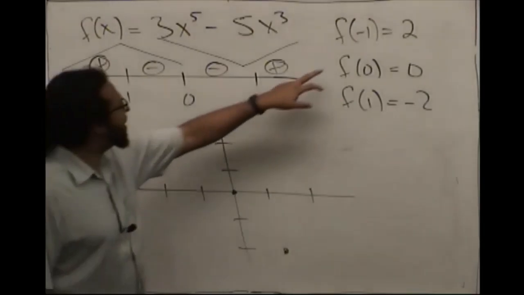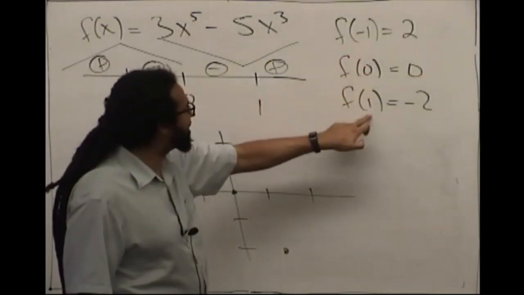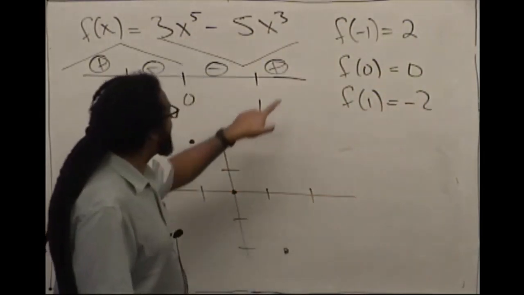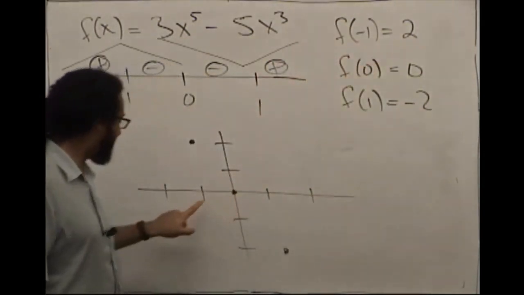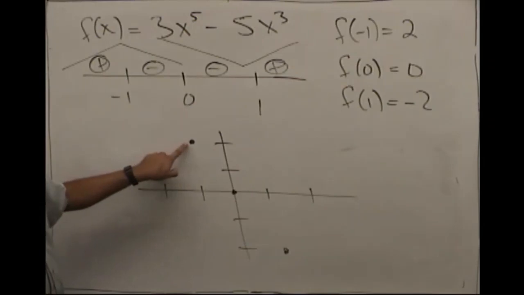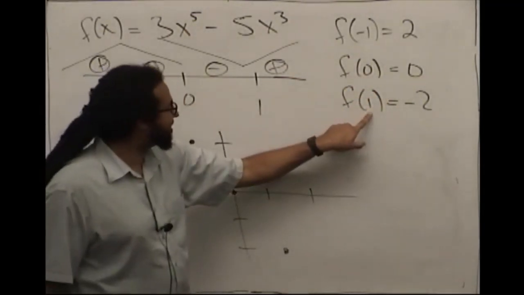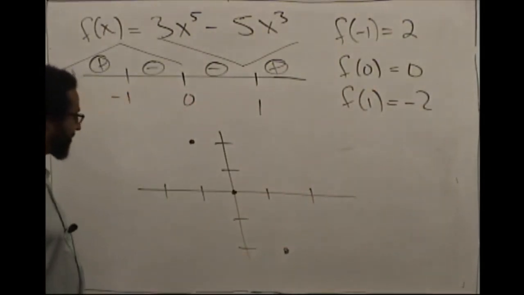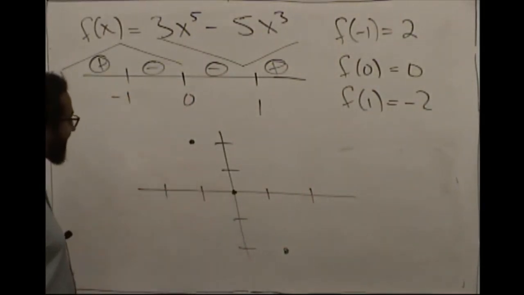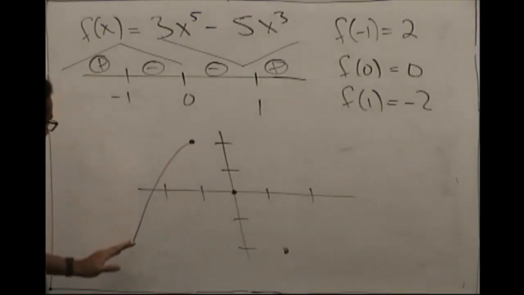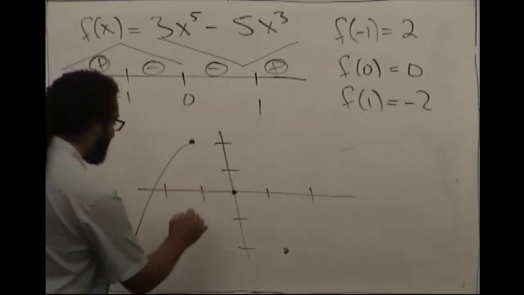And so here are the critical values plugged into the function f just to see what the y values are there. So at negative 1, I'm going to get a 2. At 0, I get y equals 0. And then at x equals 1, I get y equals negative 2. So how do we connect these dots? Well, it goes from increasing to the left of negative 1.